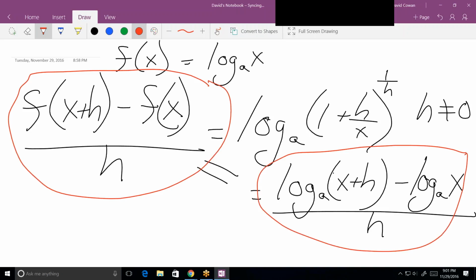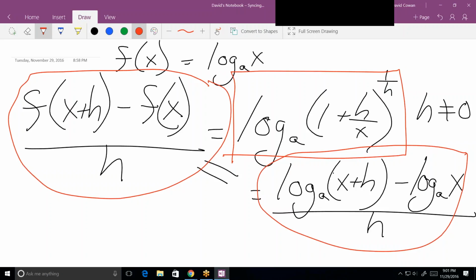Now we have to manipulate the right side so that we end up with your answer that I'm going to put a rectangle around. You with me? Okay. Well, we can certainly combine these two, right? In other words, we have two logs in the numerator.